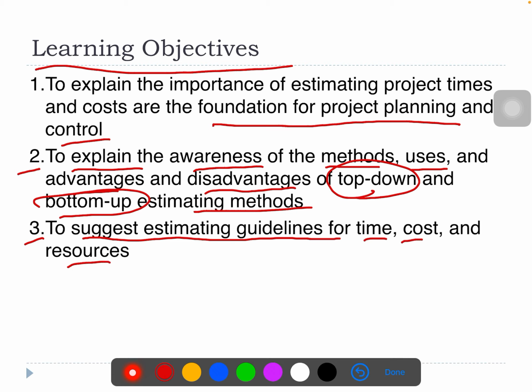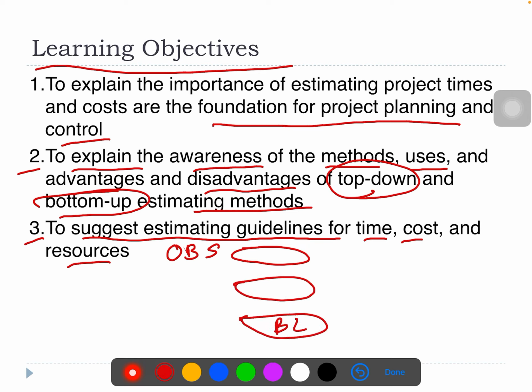So you must be wondering what is top-down and bottom-up. So in an OBS or organization chart, we do have people at the top level, middle level, and bottom level.